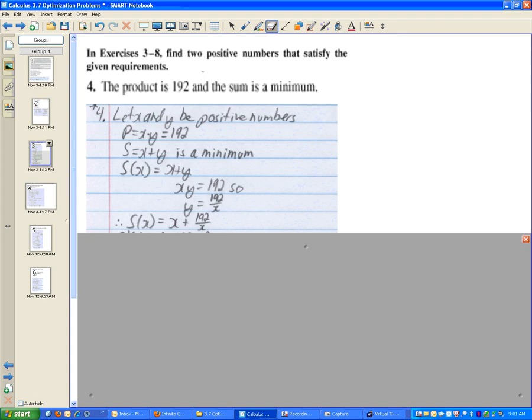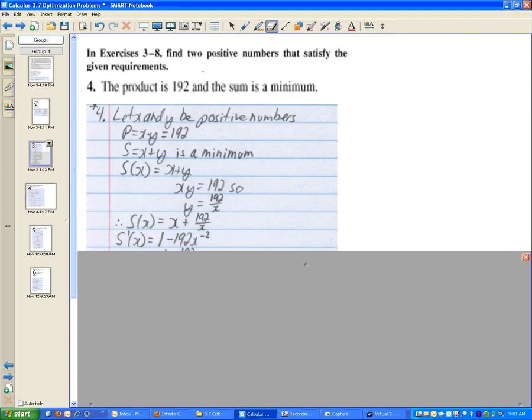All right. So what do we want to do if we want to get the minimum for this? Find the derivative. S prime of x equals, well, the derivative of x is 1, and for that 192 over x, I thought of it as 192 times x to the negative 1, and then did the power rule on it. That gives me negative 192 x to the negative 2.